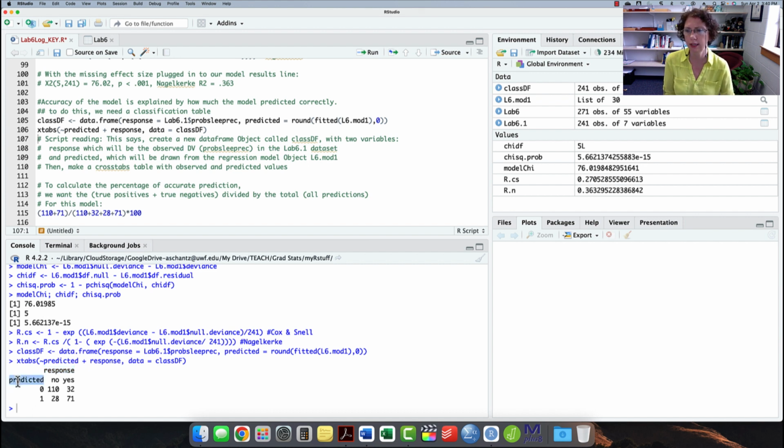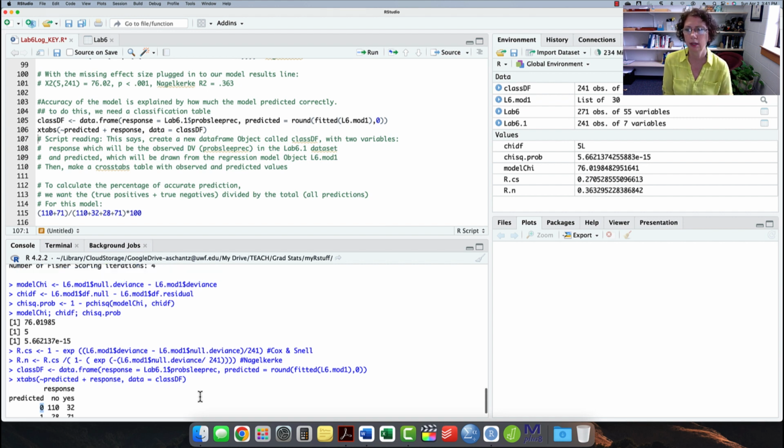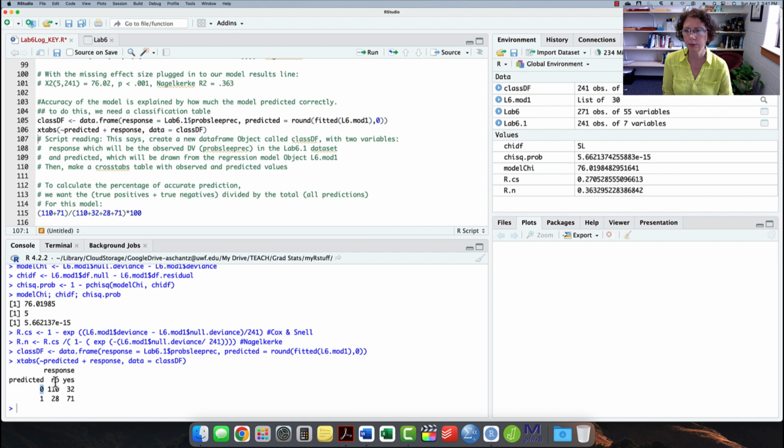And on this side is the predicted. When we predicted no, we predicted that this case would say they had no problems with sleep. And the actual response being no was this column right here. The times that we predicted no and it actually was no is called a true negative.